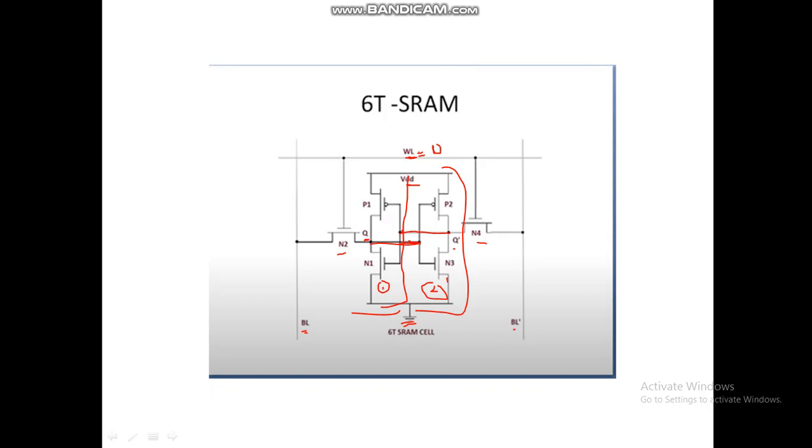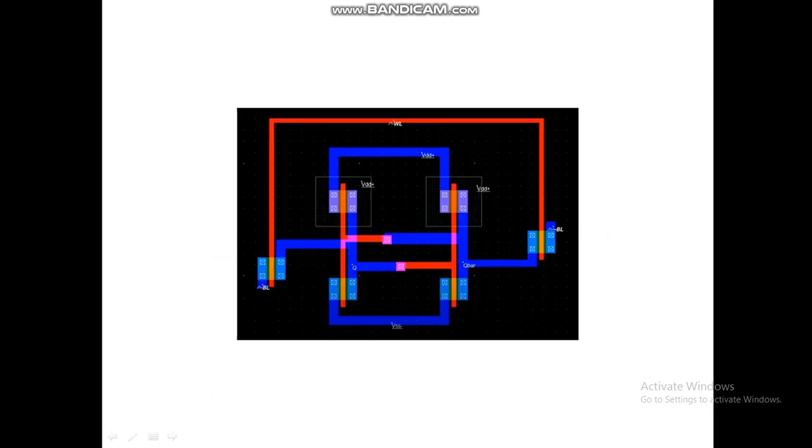Now if you see the connections, both source terminals of the PMOS are connected together, both source terminals of the NMOS are connected together, and the N2 and N4 gate terminals are connected together, where we apply the input word line. Here we have made the circuit in the microwave. These are the two inverters, inverter 1 and inverter 2. Now the input of the first inverter is connected to the output of the second inverter.